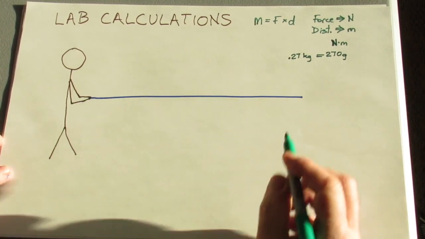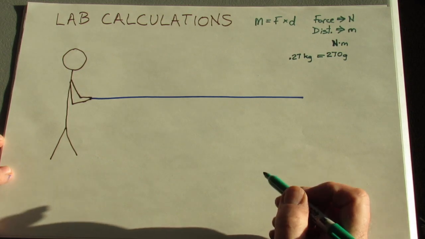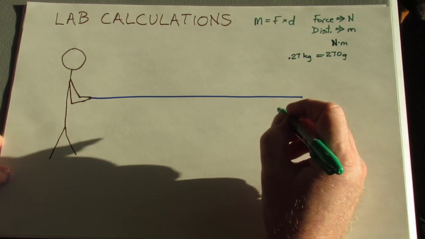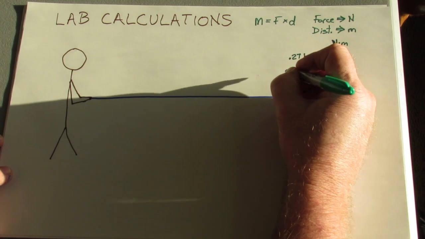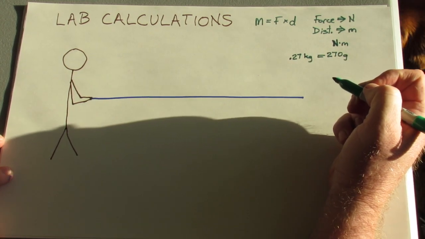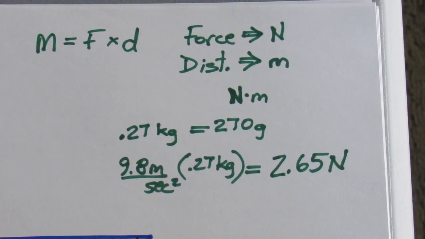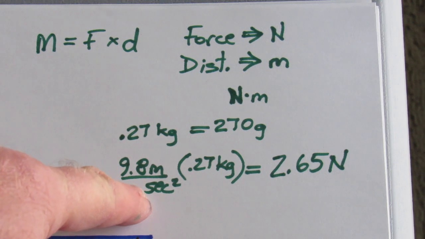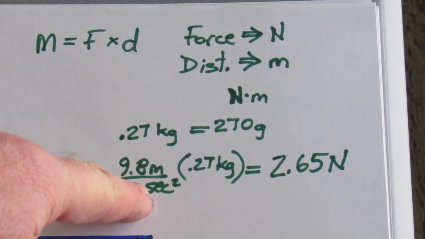Our rock weighed in at 0.27 kilograms, or 270 grams. But we can't use that. We need newtons. And so in order to create newtons, I have to multiply this by 9.81. So multiplying the mass in kilograms times 9.81 meters per second squared, this is the acceleration due to gravity.